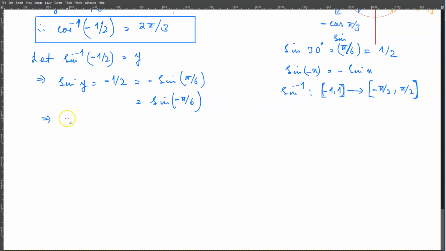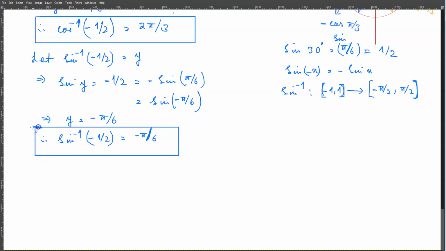So I can conclude that y is equal to negative pi by 6, because sine of y is equal to sine of negative pi by 6, which means that the sine inverse of negative 1/2 is actually equal to negative pi by 6. So now that is another part of this question.